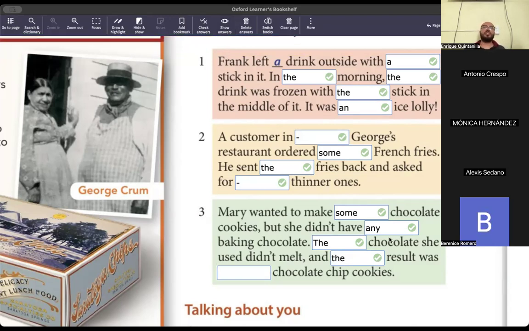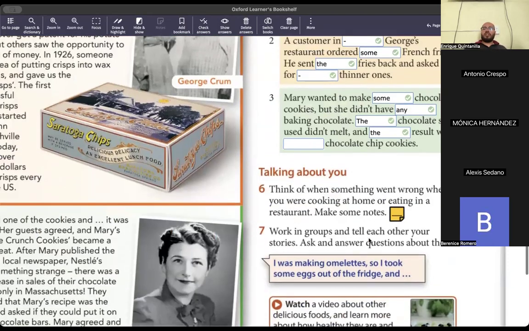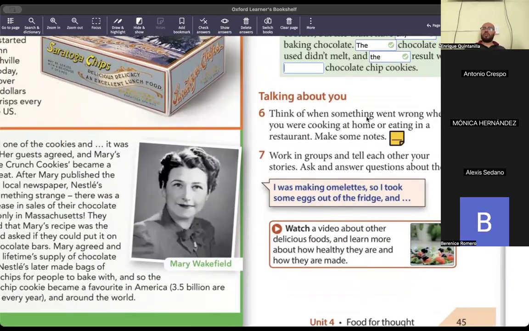Yes, chocolate chip cookies. Okay, so think of when something went wrong when you were cooking at home or eating in a restaurant and make some notes, no?